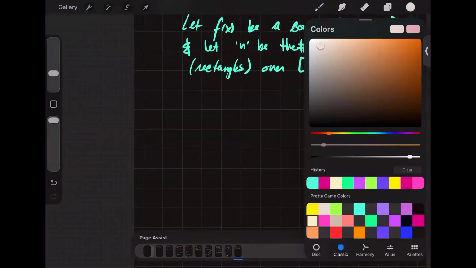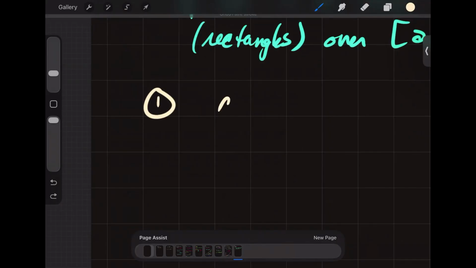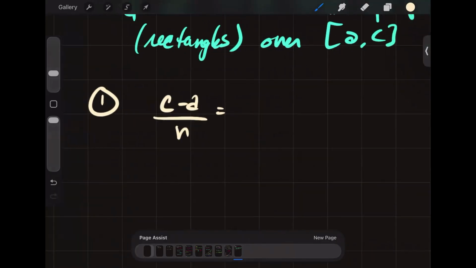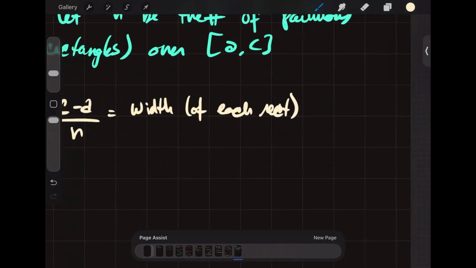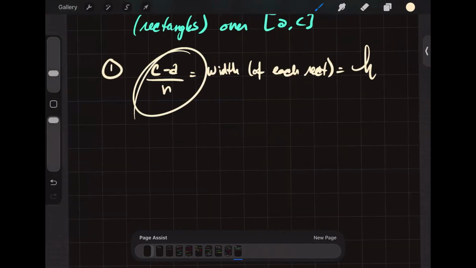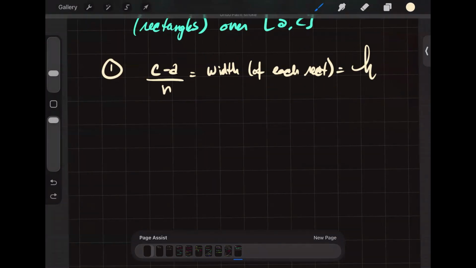So then you have c minus a over n is equal to your width of each rectangle, which we will call h, just so we don't confuse ourselves and we don't have to write this a bunch of times. h is the width of each rectangle, and this is how you find it.